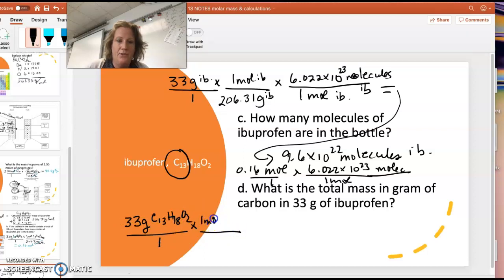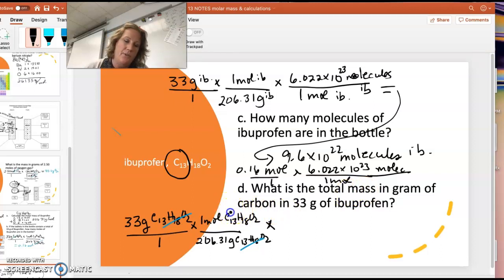And yes, you could have just used your moles that you'd already calculated, but I just want to show you it all together. So the molar mass is 206.31. So this will give me the moles. If I stop here, this would be the moles of ibuprofen, which I had already calculated. But now I want to know the mass of just the carbon.